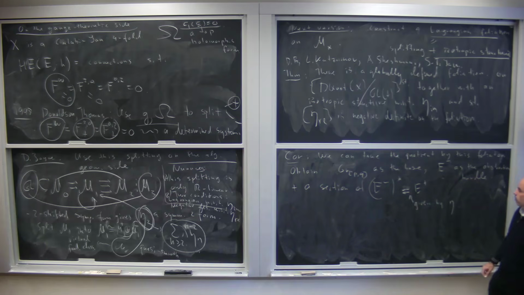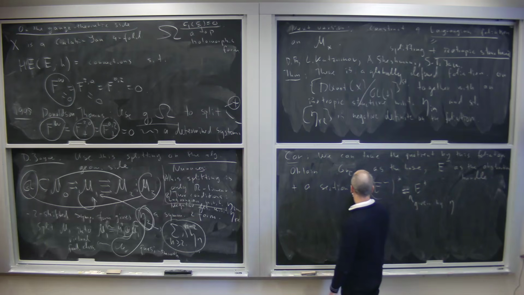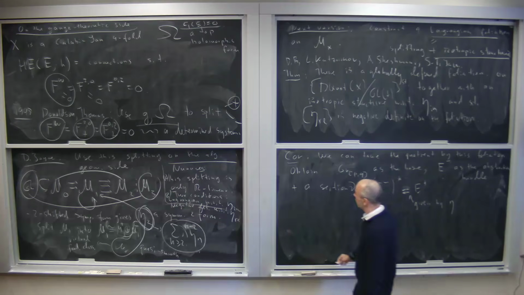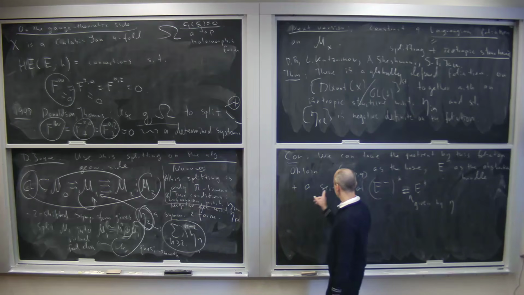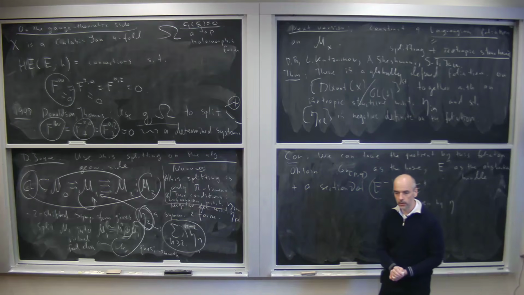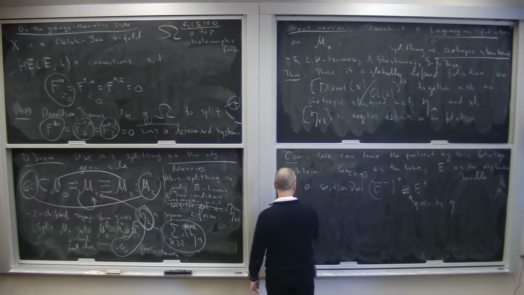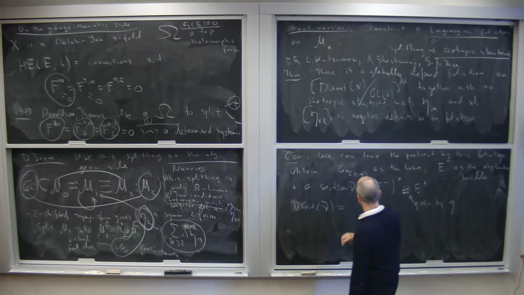And let's call this section nu. And then the original stack will be the derived critical locus of nu. So the derived critical locus of nu is the original stack.